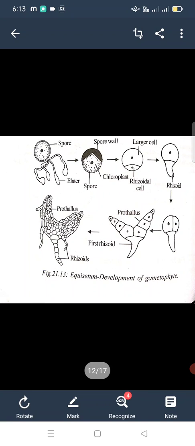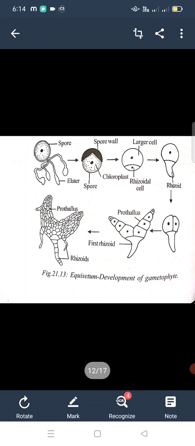So in this picture, there is a spore with elater, and the spore contains the spore wall, and it divides unequally into two cells: the larger cell and the lower rhizoidal cell. The rhizoidal cell develops into rhizoid, and the larger cell develops into prothallus.